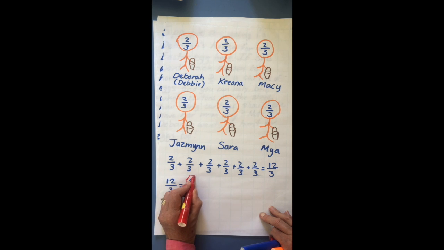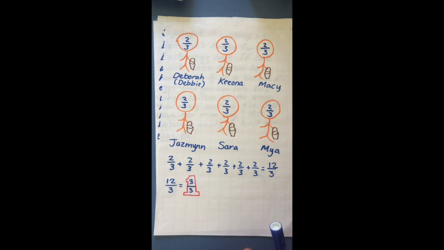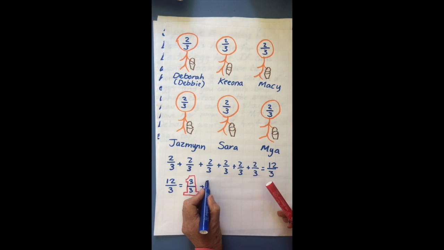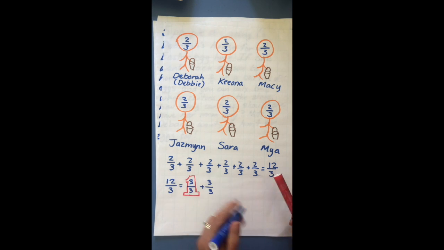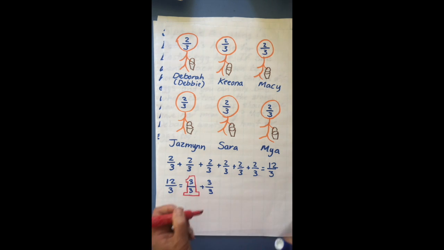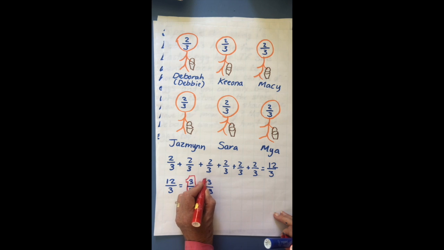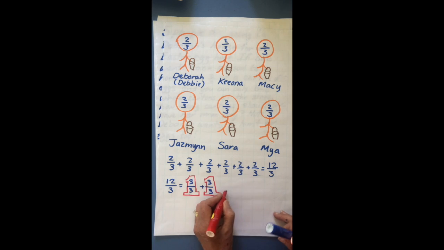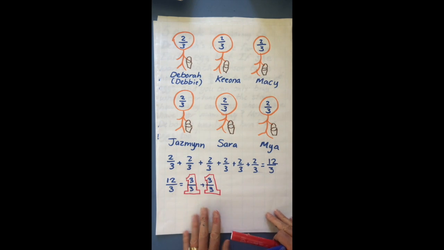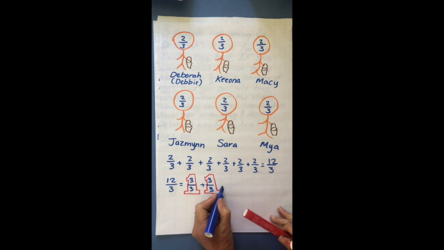So I took out this hidden whole from 12/3, and I can take out another whole because that would be 3/3. Okay, but I have 12/3, so I can keep going. So I'm going to keep going until I have 12/3.